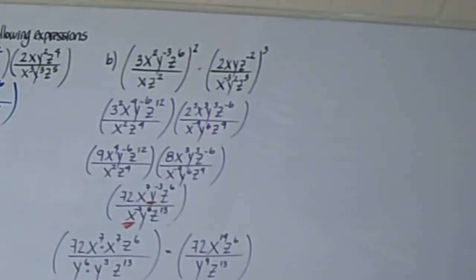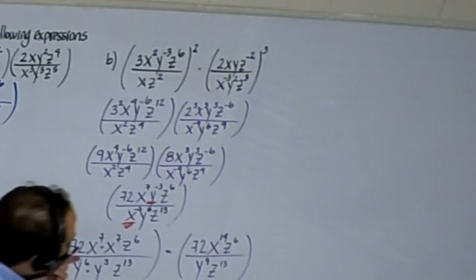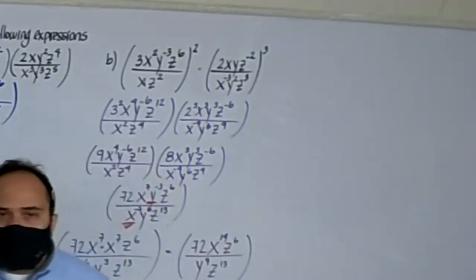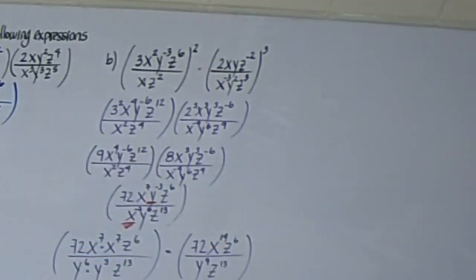In this case, if you don't want to work with negative powers, it's simple. Remember, we copy the base and subtract the powers. To avoid obtaining a negative result, we obtain the difference between 13 minus 6. 13 minus 6 is 7.